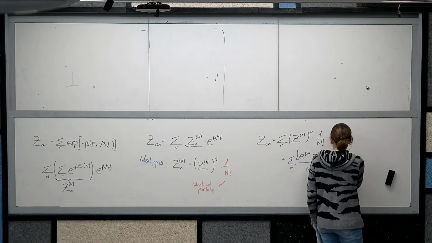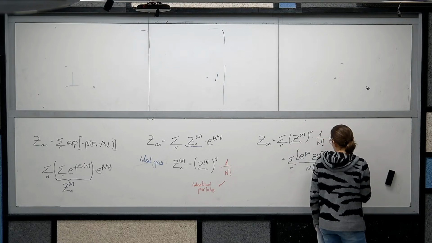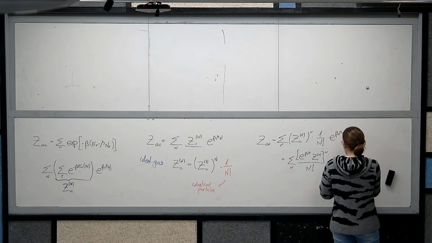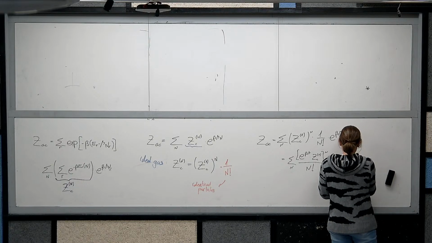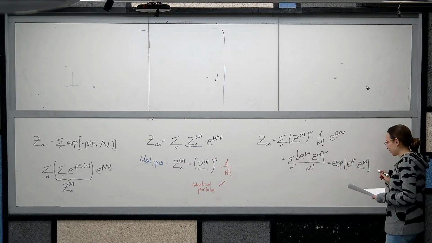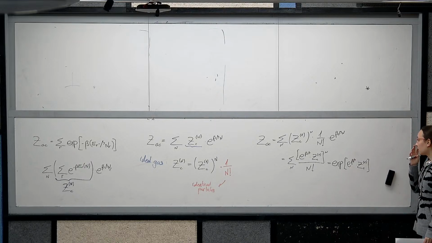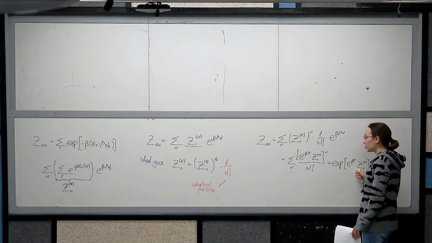So we get here the exponent of e^(βμ) times the subsystem partition function. And this solution we can use.